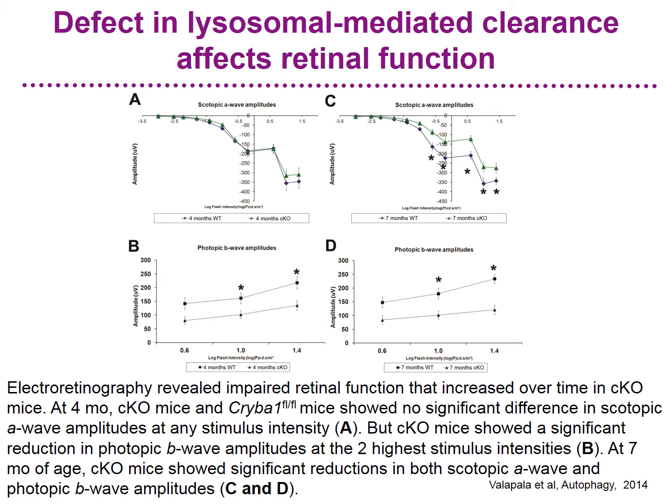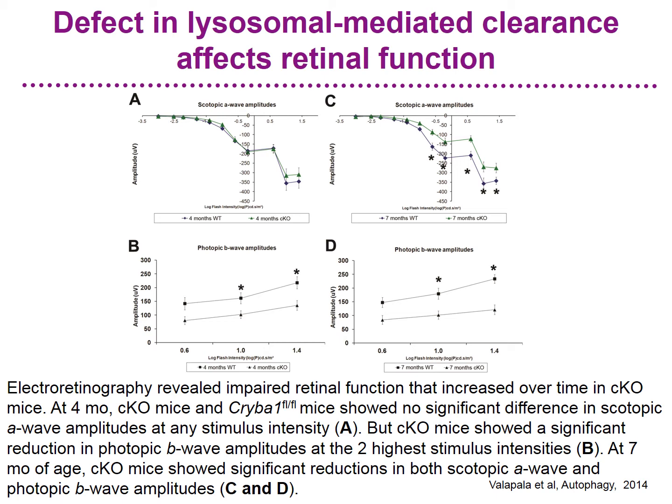At 4 months, conditional knockout mice and the flox control mice showed no significant difference in scotopic A wave amplitudes at any stimulus intensity, suggesting that rod photoreceptor function was still intact, as shown in panel A. But CKO mice showed a significant reduction in photopic B wave amplitudes at the 2 highest stimulus intensities, indicating cone photoreceptor dysfunction, as shown in panel B.